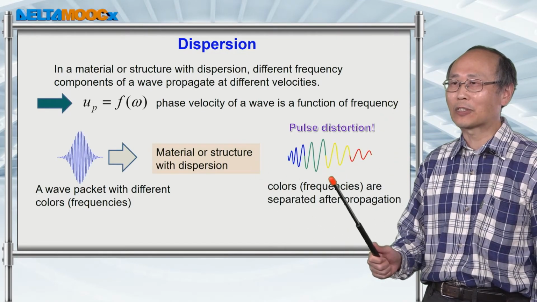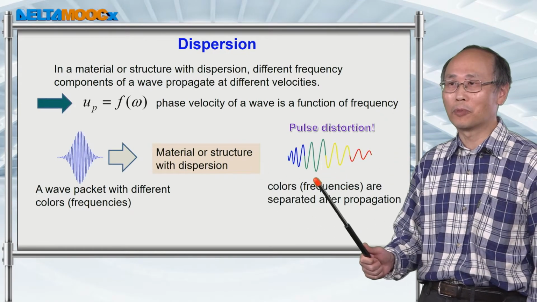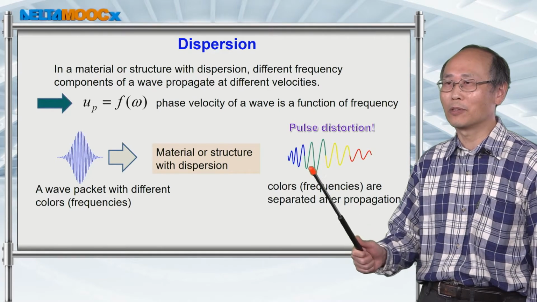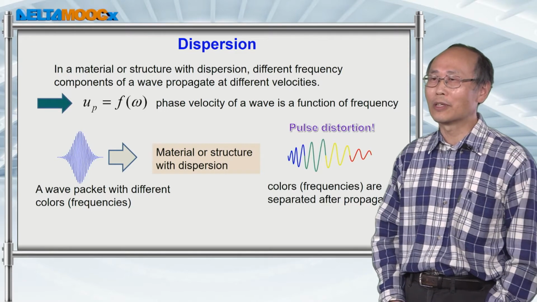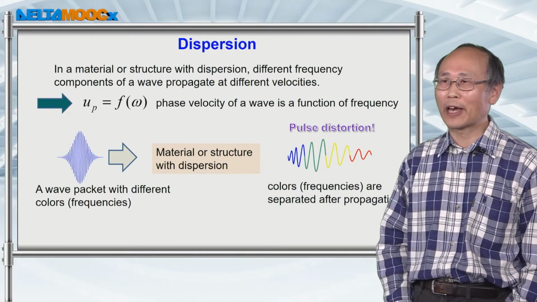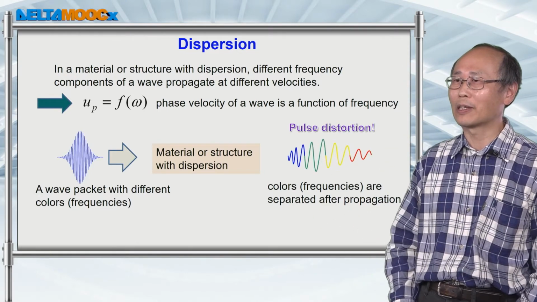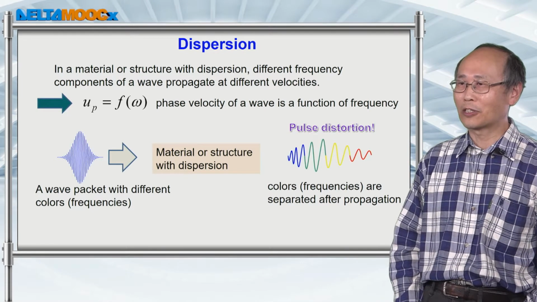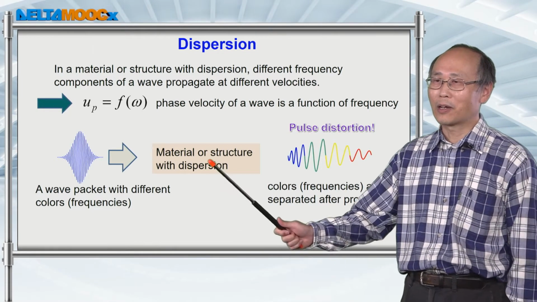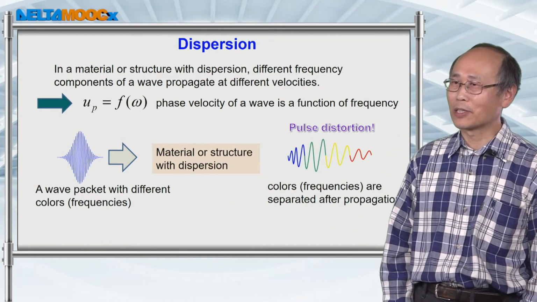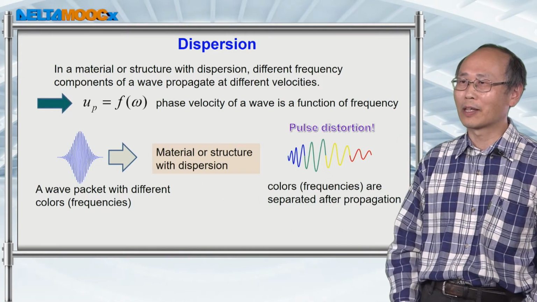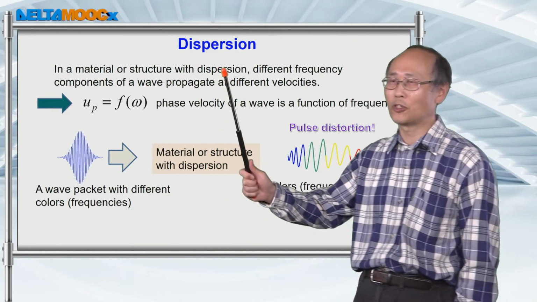So in the end of the system, the pulse will be broadened and the amplitude could be reduced. And this causes distortion to the signal, quite often an unwanted result in the system. When you design a transmission line, sometimes you want to avoid this kind of pulse distortion due to dispersion.